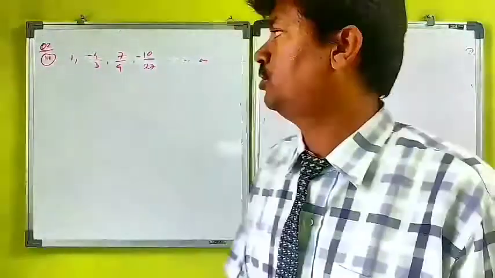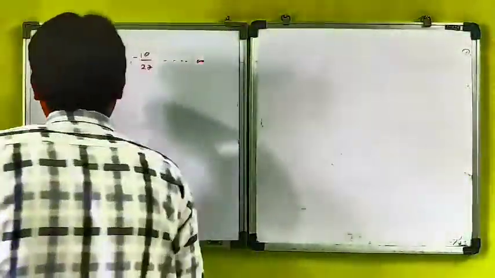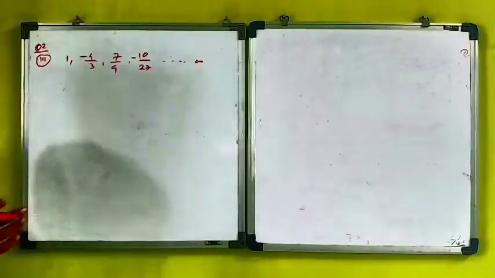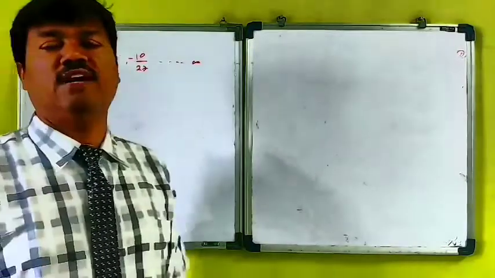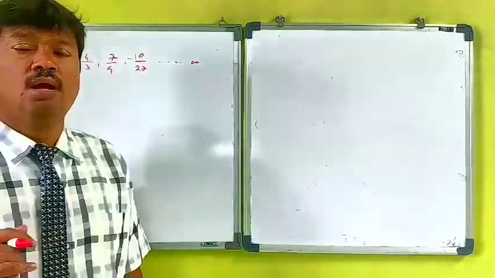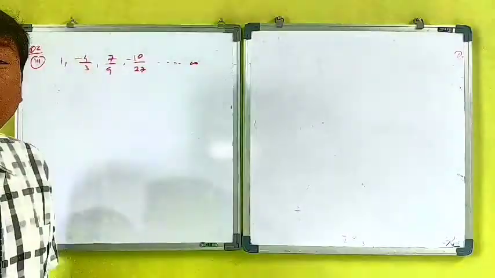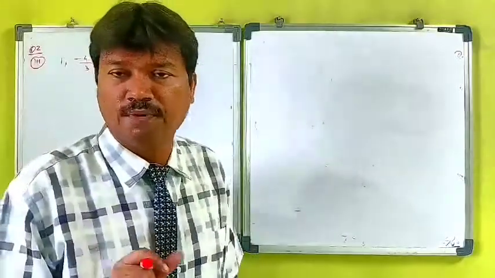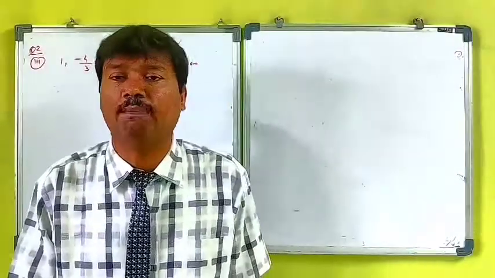Yes, one more question, that is question number 2, part third. Here the question is 1 minus 4 by 3, 7 by 9 minus 10 upon 27. What is the sum of the infinite series here? If you observe this, there is alternate plus minus. So whenever there is an alternate plus minus in a GP, you have to give the plus minus sign to the GP, not the AP.